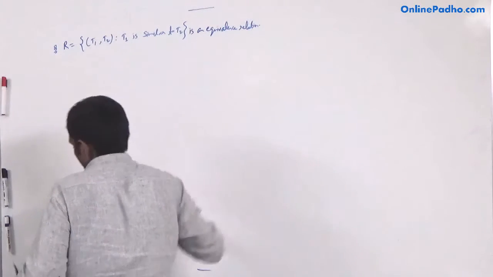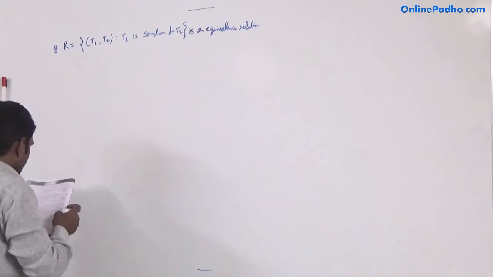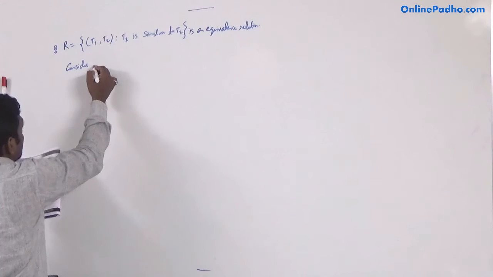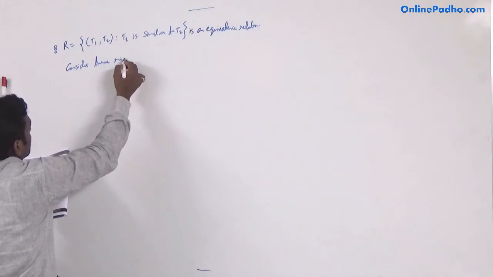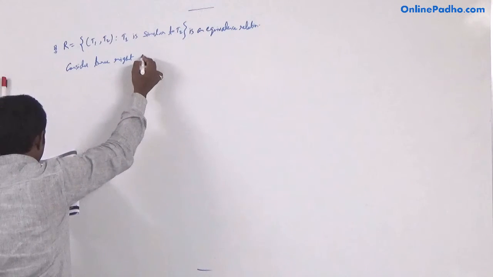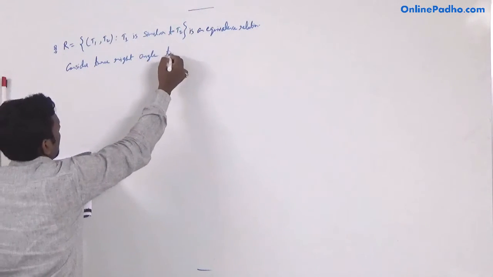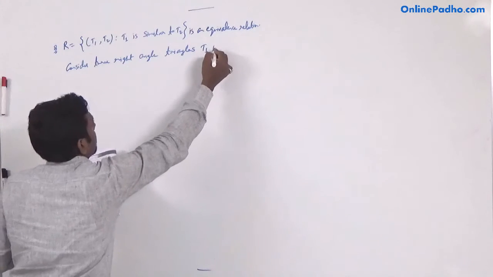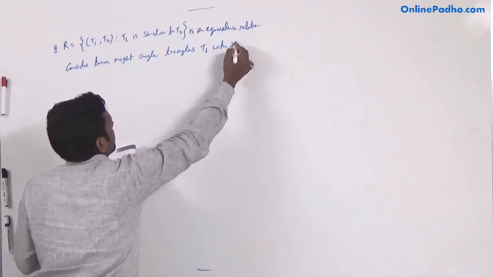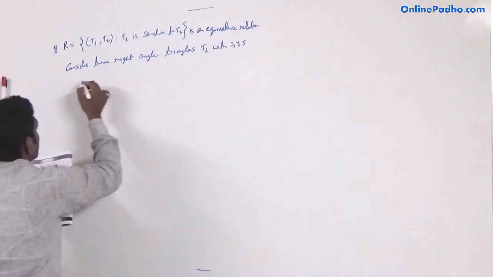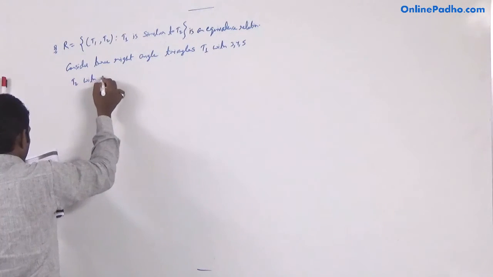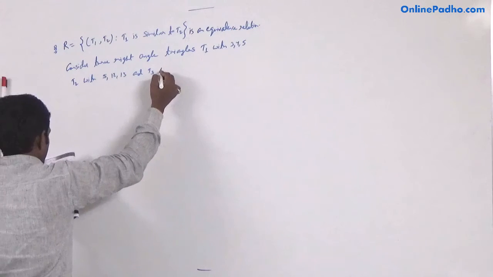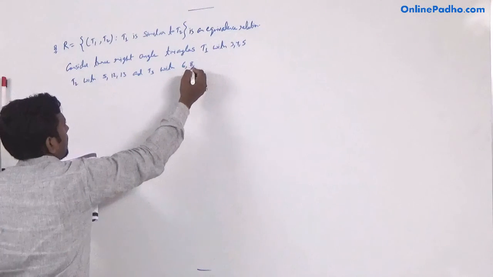After that the question is: consider three right angle triangles, T1 with sides 3, 4, 5, T2 with 5, 12, 13 and T3 with 6, 8, 10.